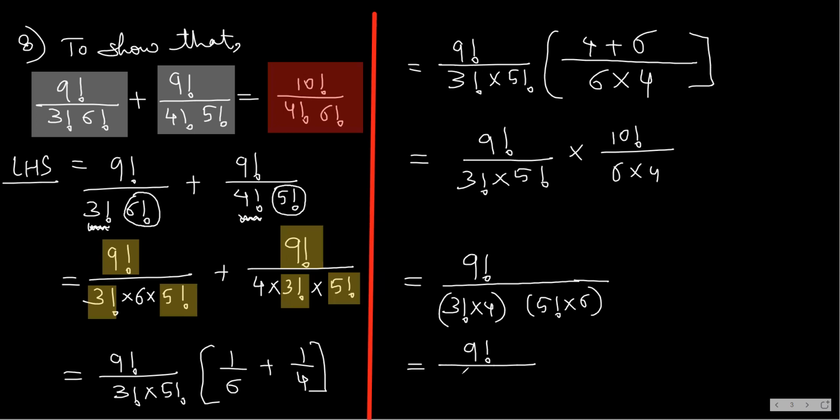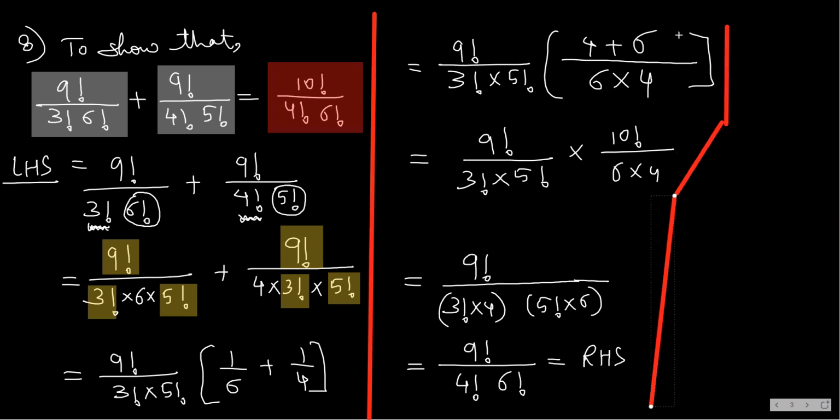So you got 9 factorial upon 4 factorial, and 5 factorial into 6 is 6 factorial. And this is RHS. So you have LHS equals to RHS. That is done. Hence, true.